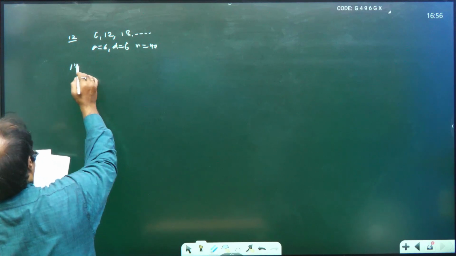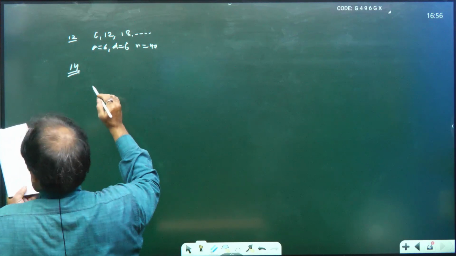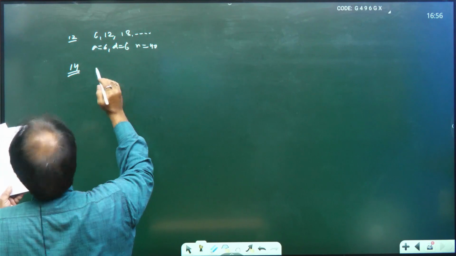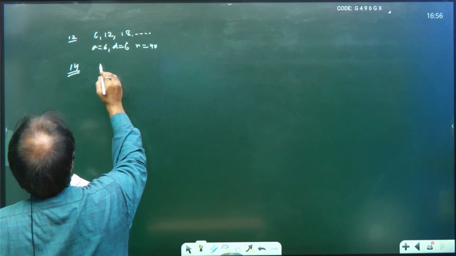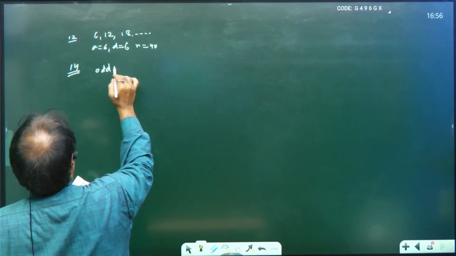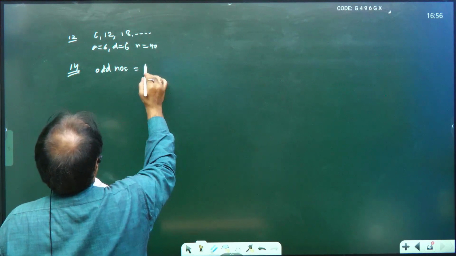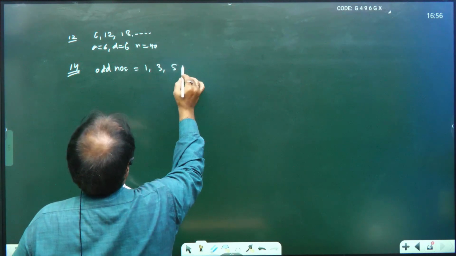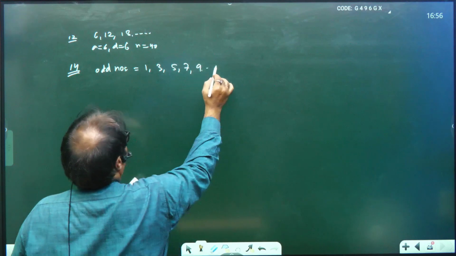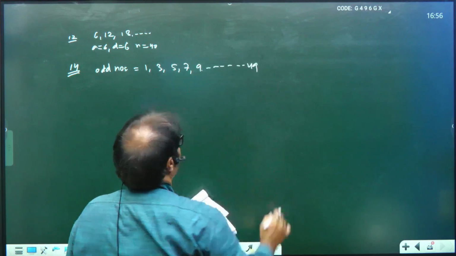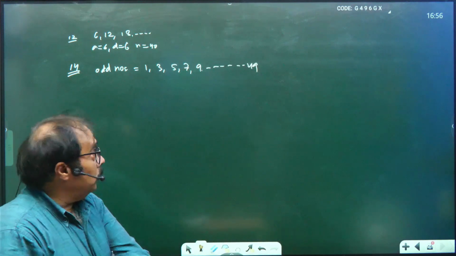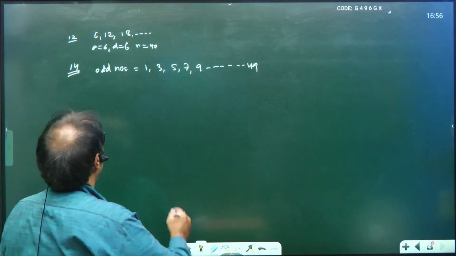So now I am taking question number 14. Find the sum of odd numbers between 0 and 50. So odd numbers are 1, 3, 5, 7, 9, and so on, 49. So, what about A?